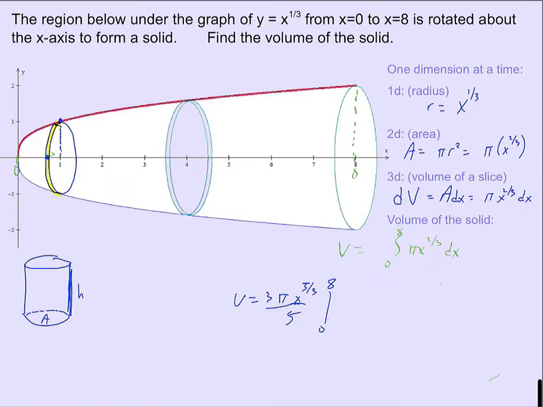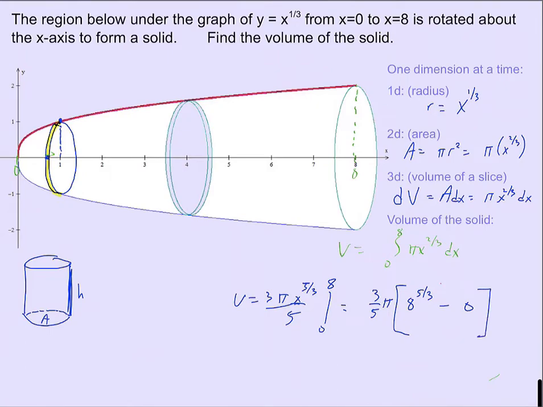Please make sure that you include the evaluated from 0 to 8 when you change the definite integral into its antiderivative. You have to make sure you include the evaluated from 0 to 8. And so that would be 3/5 pi, let's put that on the outside, factor that out, times x to the 5/3 evaluated at 8 minus x to the 5/3 evaluated at 0.